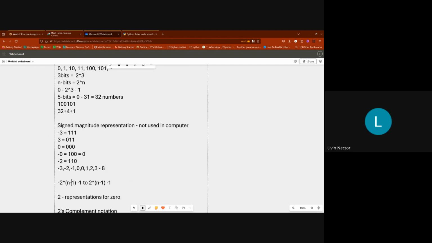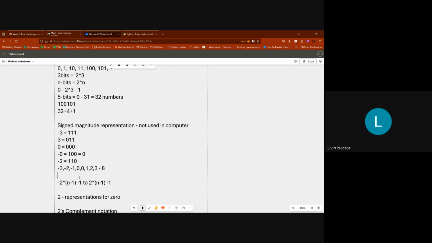So why do we have n minus 1 here? Because that 1 bit is used for sign. Leaving that 1 bit, the number is represented with the remaining bits. So what is the biggest number I can represent with n minus 1 bits? 2 power (n minus 1), minus 1.